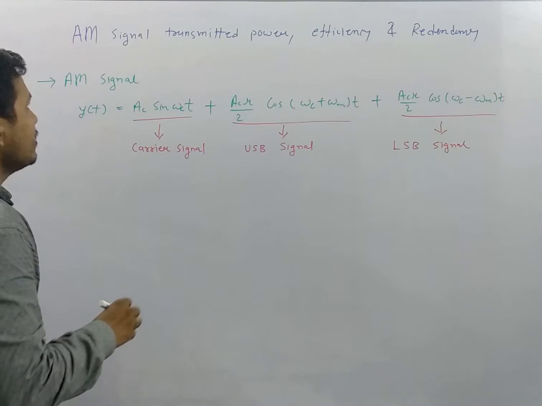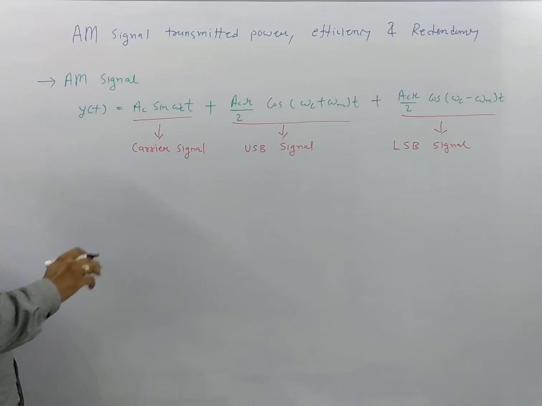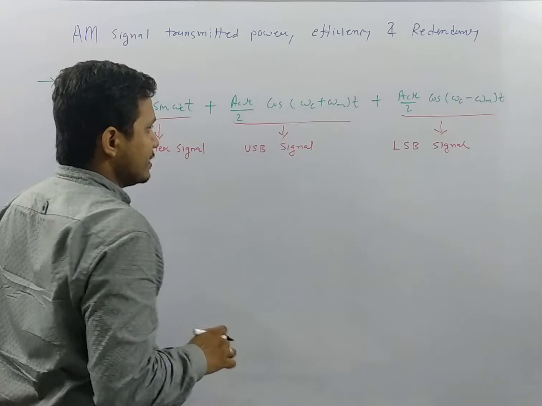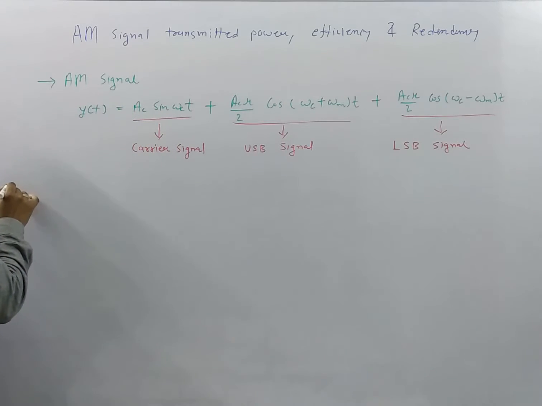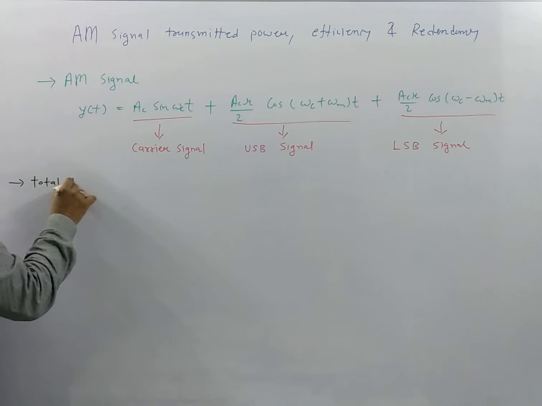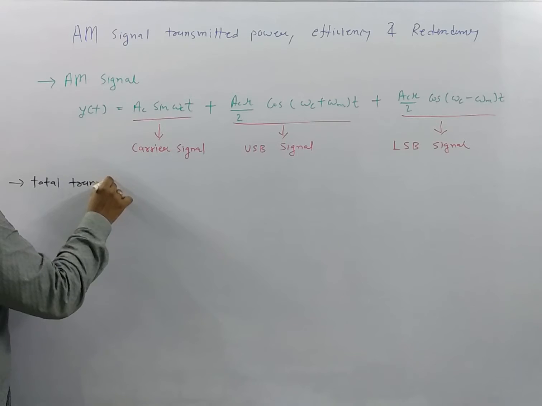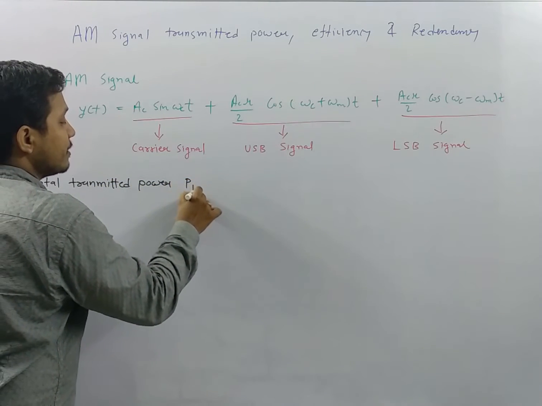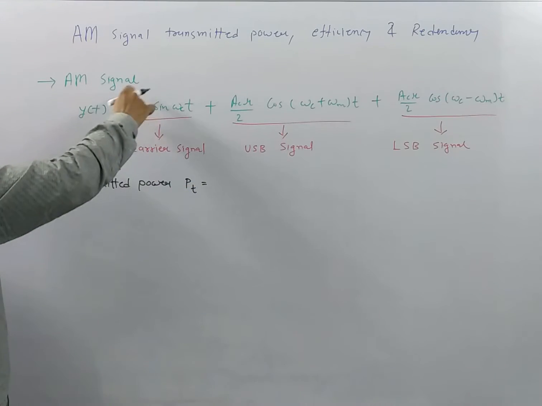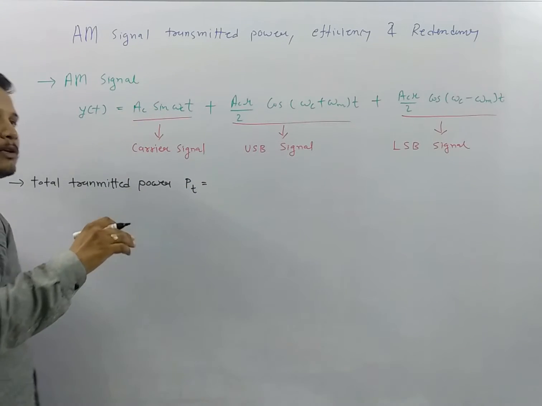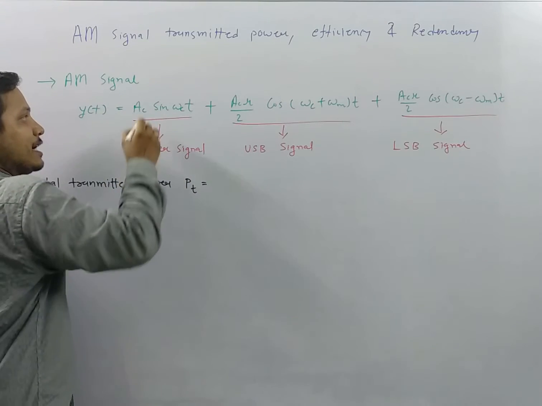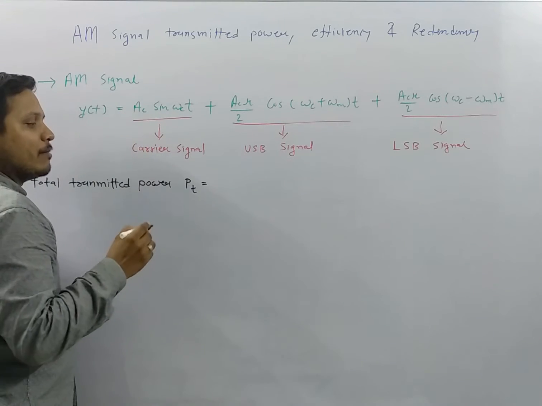Now ultimately total transmitted power will be power of carrier signal plus power of sideband signal. So total transmitted power, that is PT, and it is based on the square of the amplitude divided by 2.